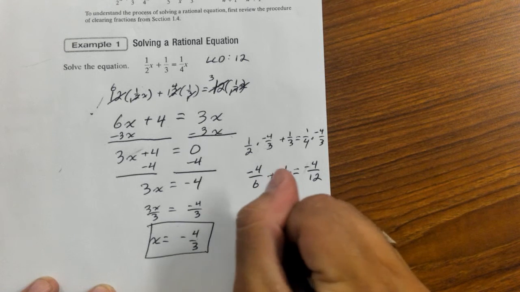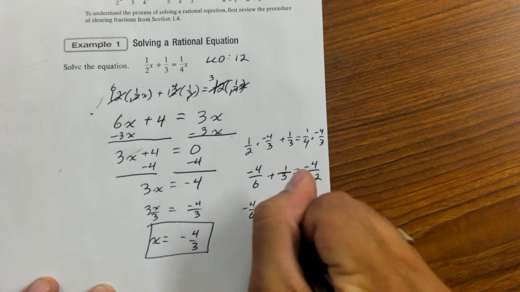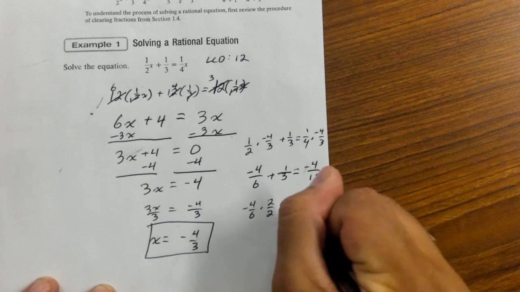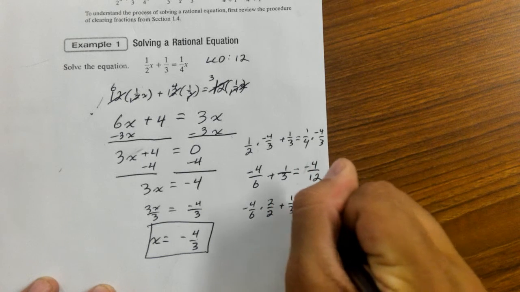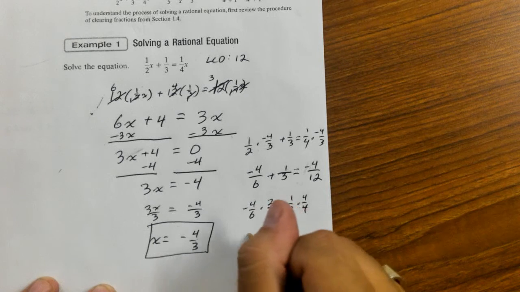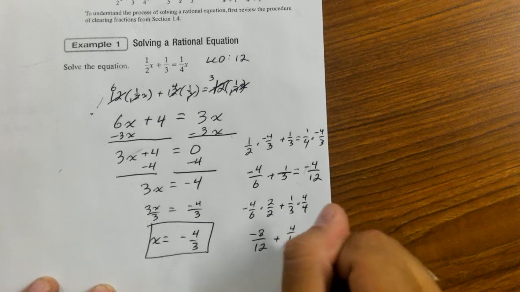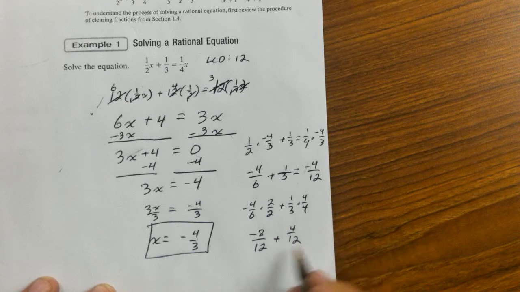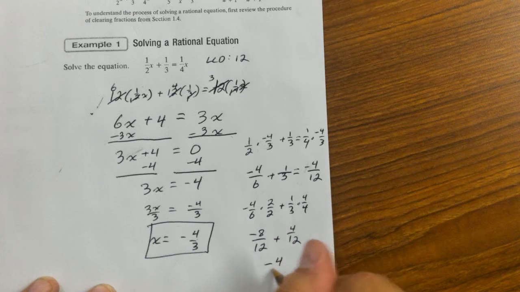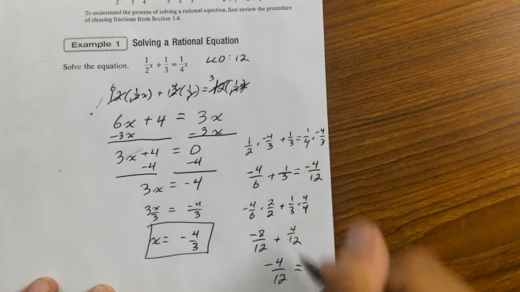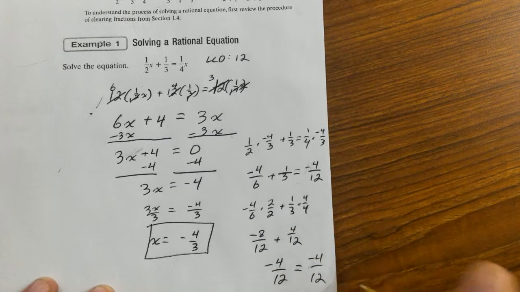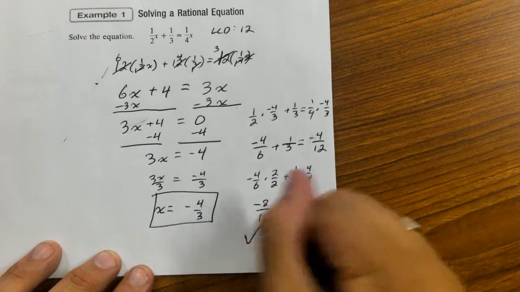So -4 over 6 times the ratio of 2 over 2, plus 1 over 3 times the ratio of 4 over 4, we get -8 over 12 plus 4 over 12. Now that the denominator is the same, these come out to -4 over 12, and that does in fact equal -4 over 12. So the solution is now verified.